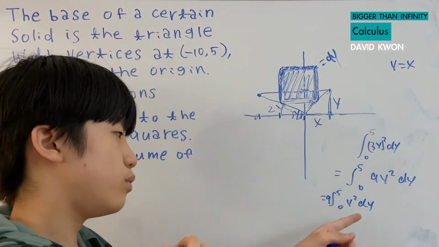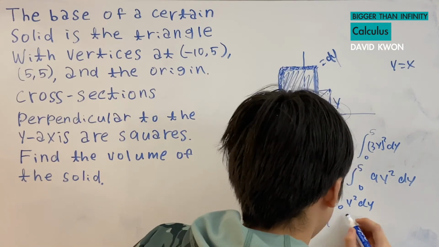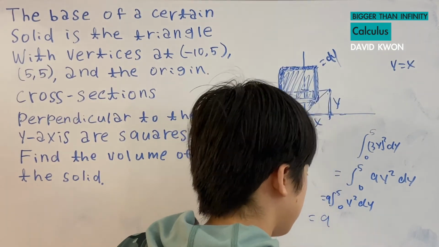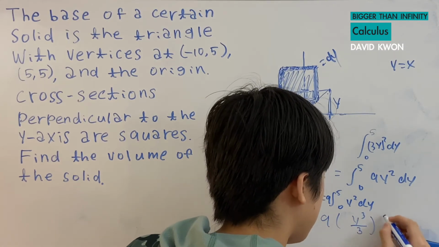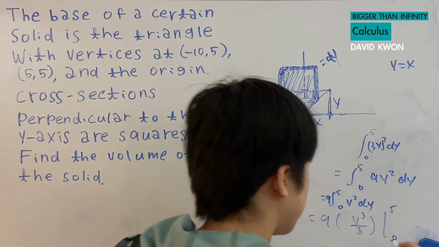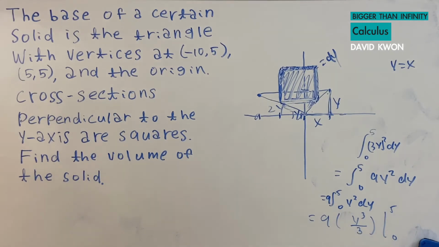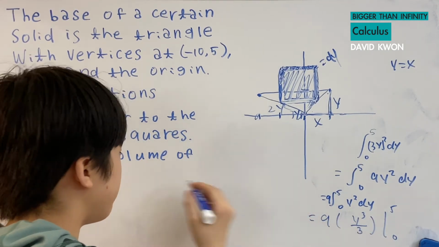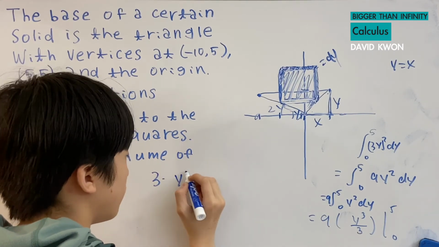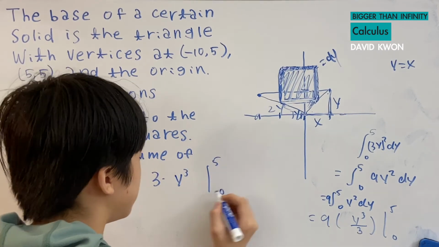And then when we integrate y squared, we have y cubed over 3 on the interval from 0 to 5. Okay, now let's put them in there. 9 divided by 3 is 3, so we have 3 times y cubed on the interval from 0 to 5.